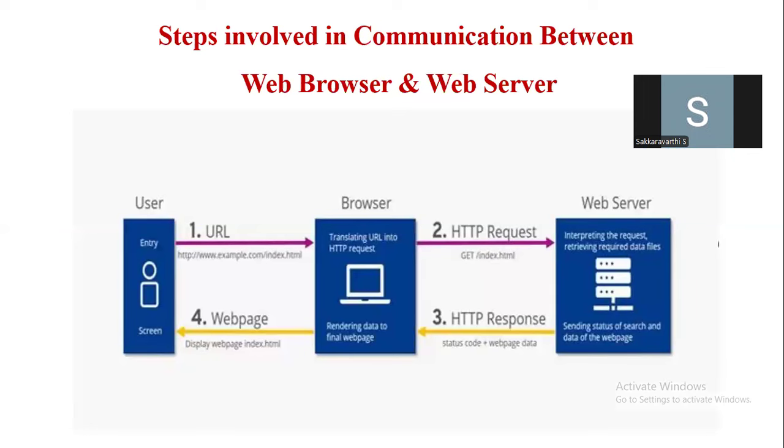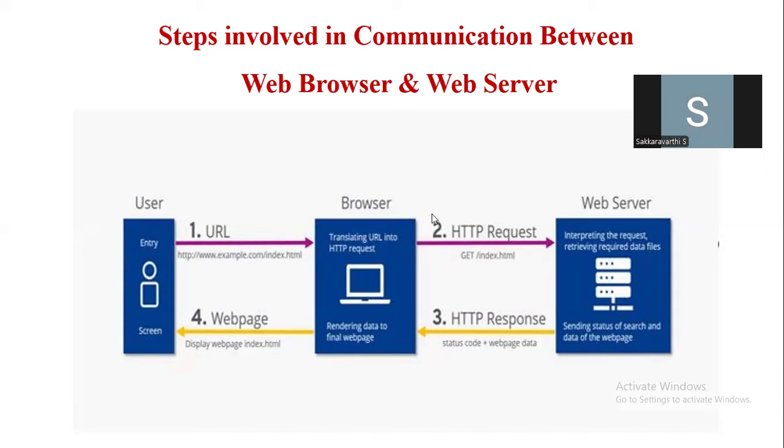The diagram shows the interaction between the web browser and web server. The user enters the URL in the web browser, and the browser generates the valid HTTP request message and contacts the DNS server to obtain the IP address.